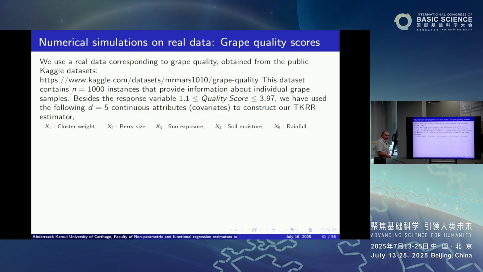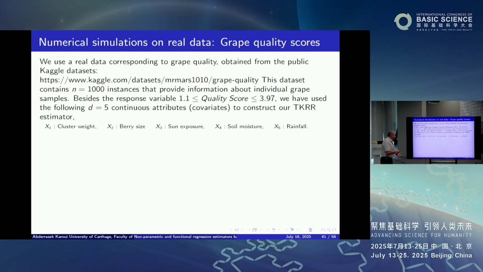Well, numerical simulation. Now we are going to apply our estimator to real-life data. This data is about the quality score of grapes. We have 1,000 instances, that means small n is 1,000, and we have 5 variables: x1 cluster weight, x2 berry size, sun exposure, soil moisture, and rainfall.